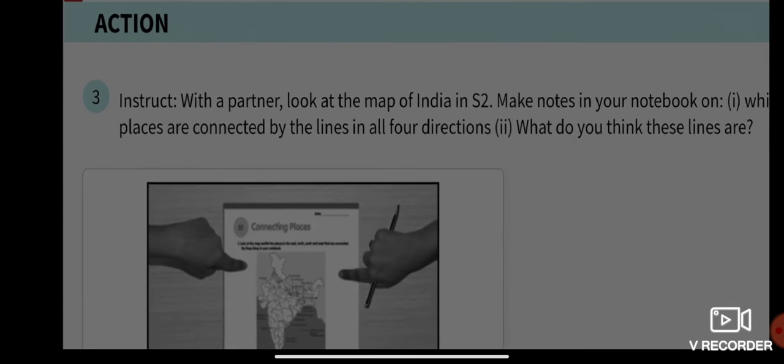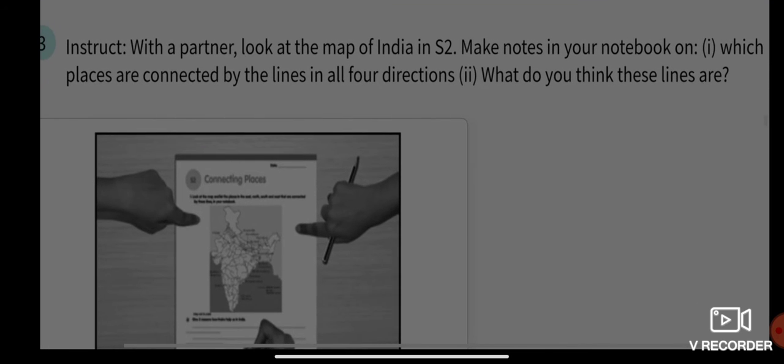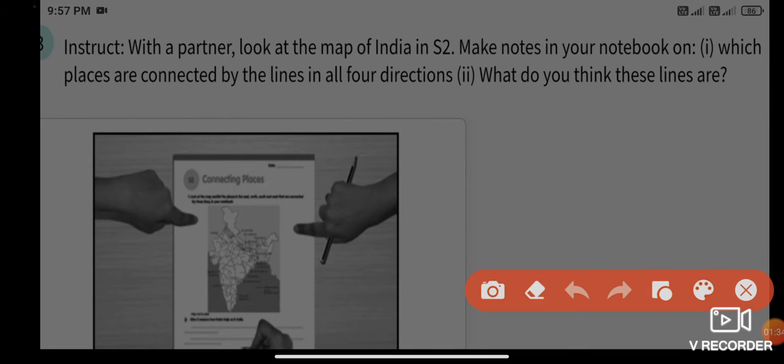Now, you do one thing. Make notes in your notebook from your worksheet S2. Point number one: which places are connected by the lines in all four directions?